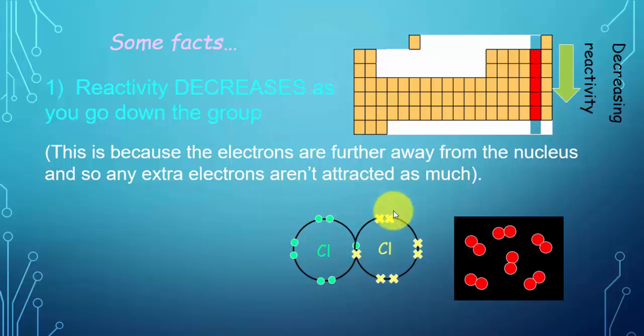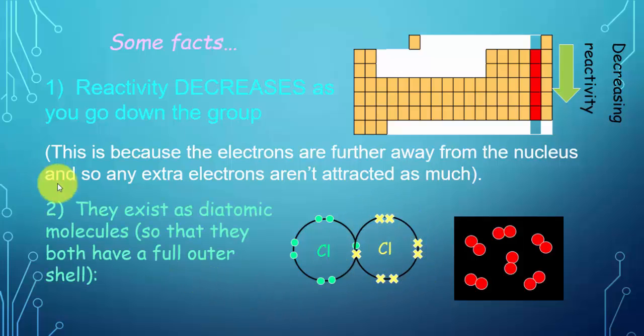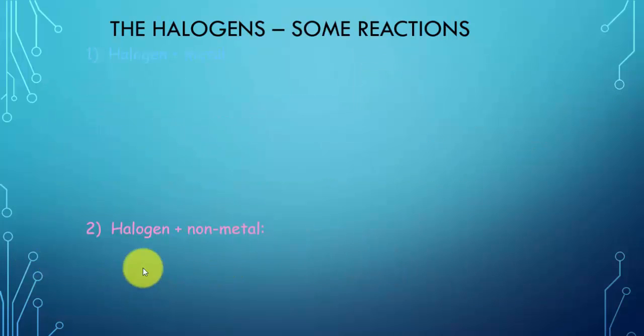It must make diatomic molecules. Cl wants to share with Cl 1 electron to become complete with 8 electrons. They exist as diatomic molecules so that they both have a full outer shell.